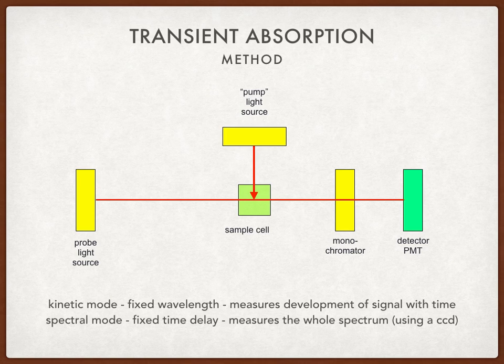I have my sample cell, and I have two sources of light. I have one which is my probe light. That's the one that's like my regular absorption light, as I would have had before. But in this case, I also have a pump.